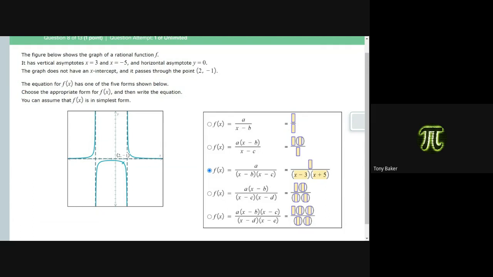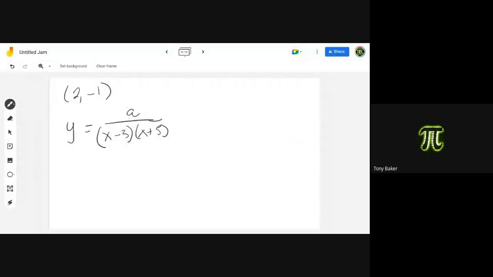All right, let's switch back over to this because I got it right. So they gave me a point, 2, -1. And then I know my equation is a over x minus 3, x plus 5. So we've got this.